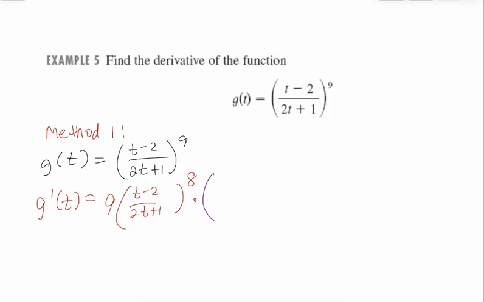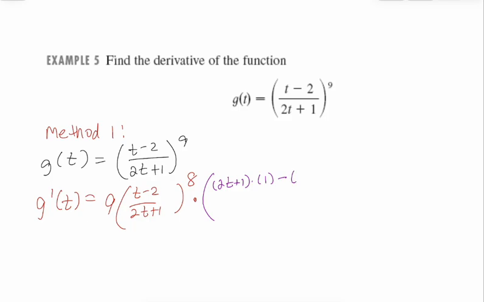Okay. So let's do the quotient rule for this, okay? So it's bottom times the derivative of the top. The derivative of the top is 1, so I'm not going to even write it. Well, I'll write it with that. Minus the bottom. No, I'm sorry.